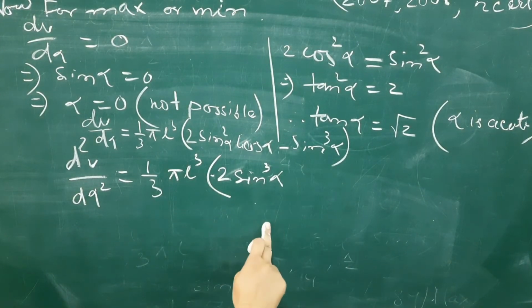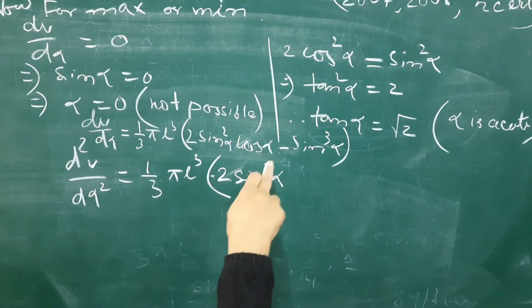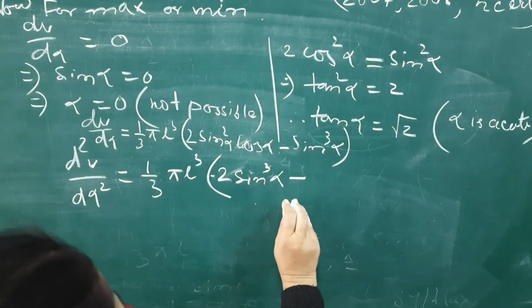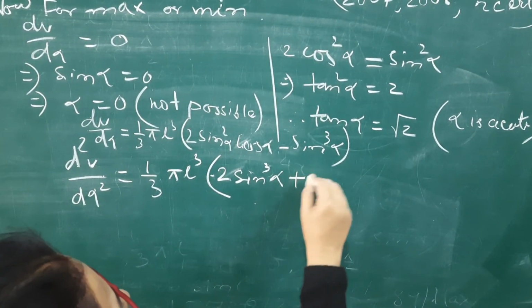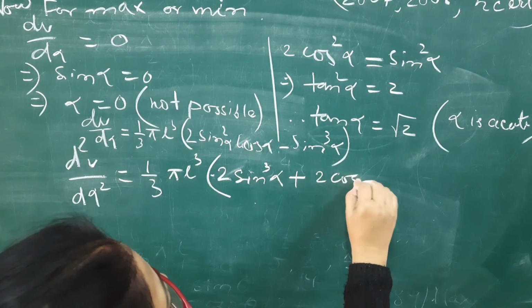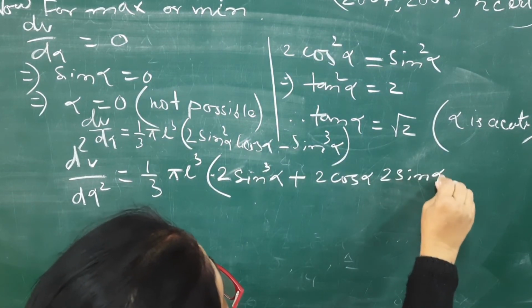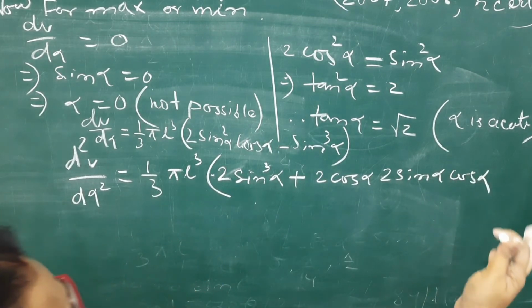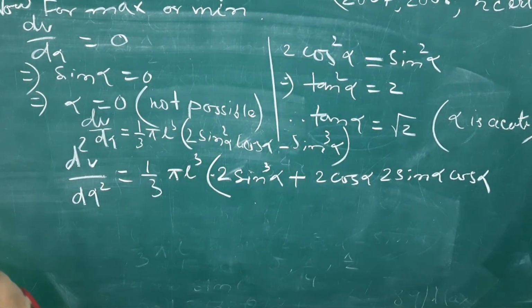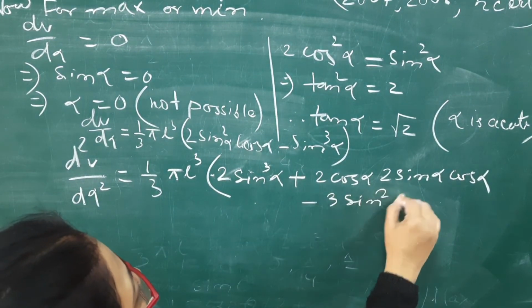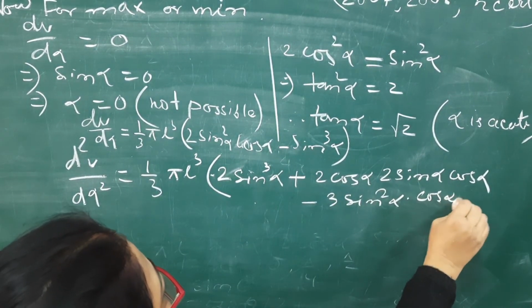And next part we will do is this one, that is plus cos alpha unchanged, 2 cos alpha unchanged, and sine square alpha is 2 sine alpha, derivative of sine alpha is cos alpha. So if you combine it, it will be 4 sine alpha cos square alpha. Okay, 4 sine alpha cos square alpha. And last part minus 3 sine square alpha, and sine alpha is plus cos alpha.